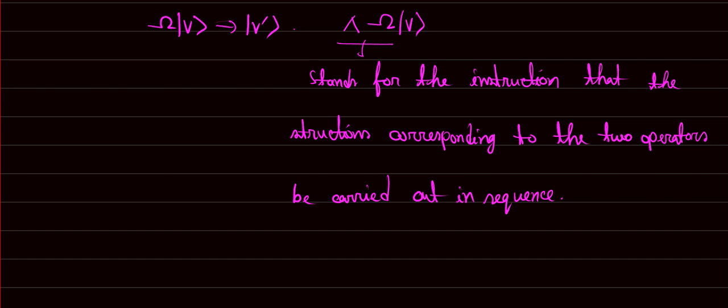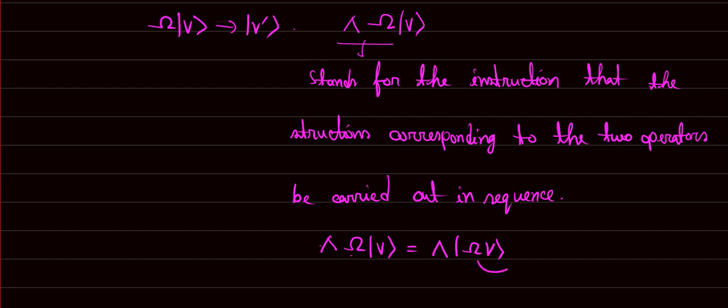Okay, so what does it mean? It just means if we have this product of two operators, omega and lambda, we'll first do the operation of omega, then we'll do the operation of lambda.